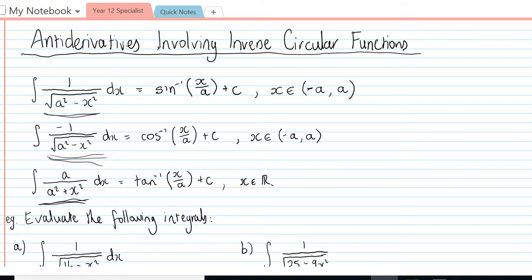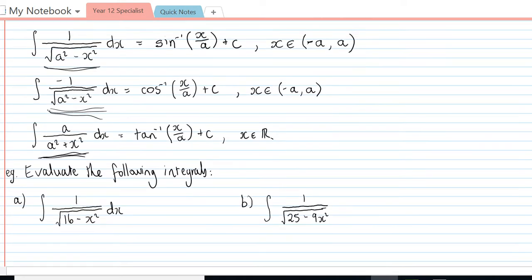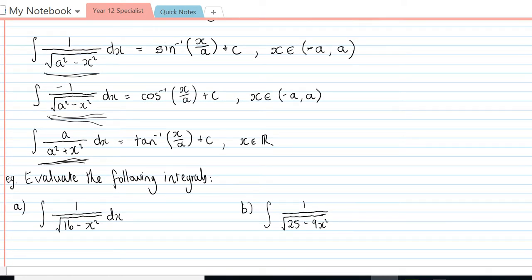So I'm just going to basically jump straight into these questions. So evaluate the following integrals. Something I will say before I go getting stuck into them is notice that the difference between the antiderivatives that give inverse sine or inverse cos, the only difference there is whether it's a positive or negative sign.